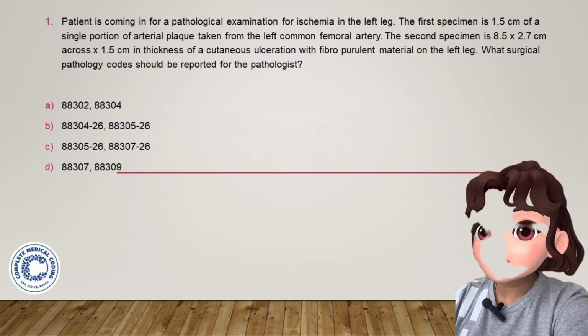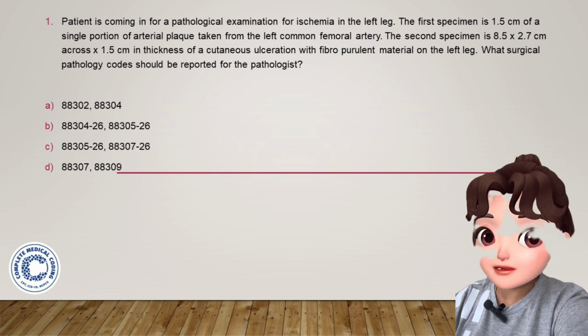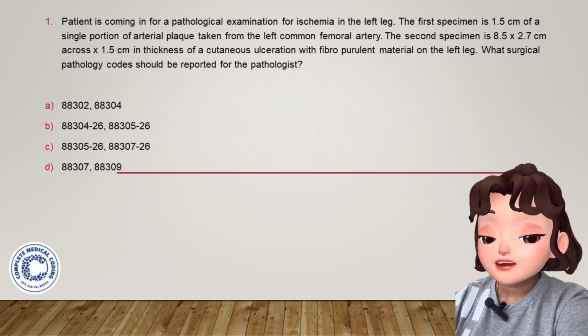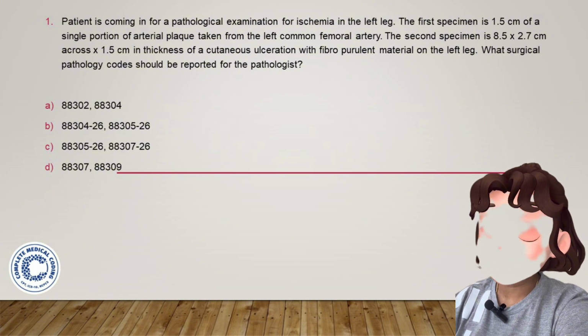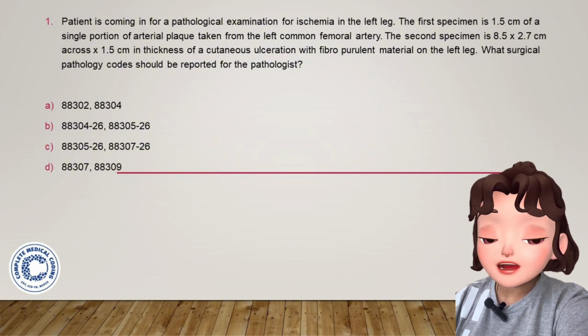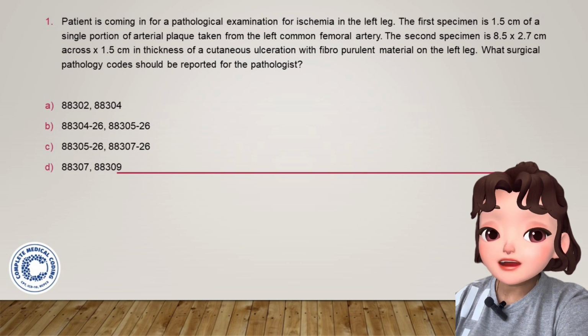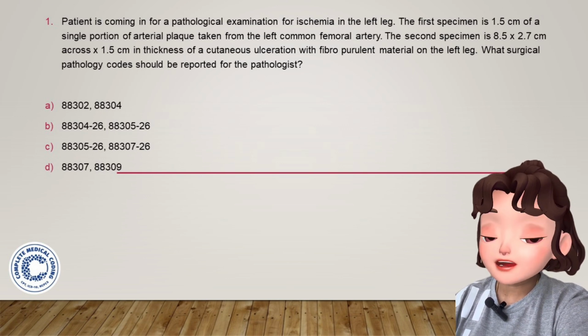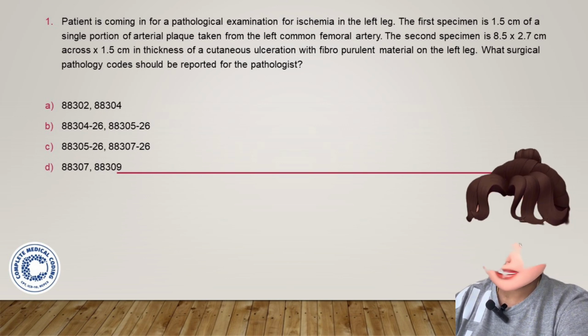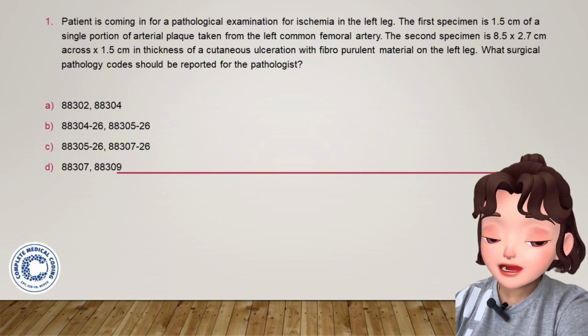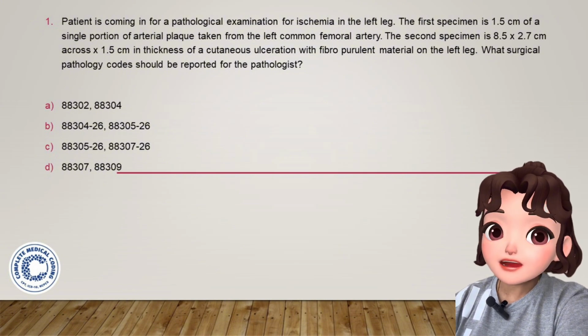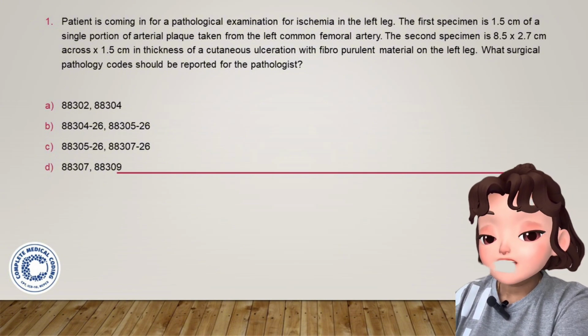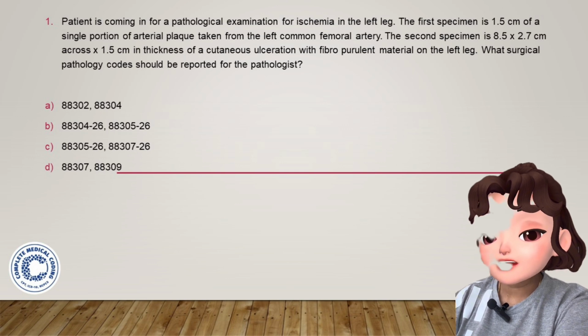If you go to the code 88304 level 3, see there are so many procedures mentioned in level 3 surgical procedure. In that we need to check whether our procedure which is done is present or not. That is the main thing. Okay, arterial plaque. Just check if arterial plaque is mentioned there. Yes, it's mentioned there, right?